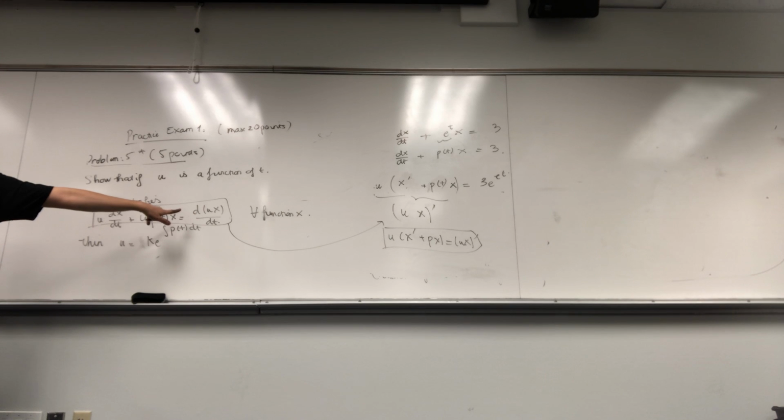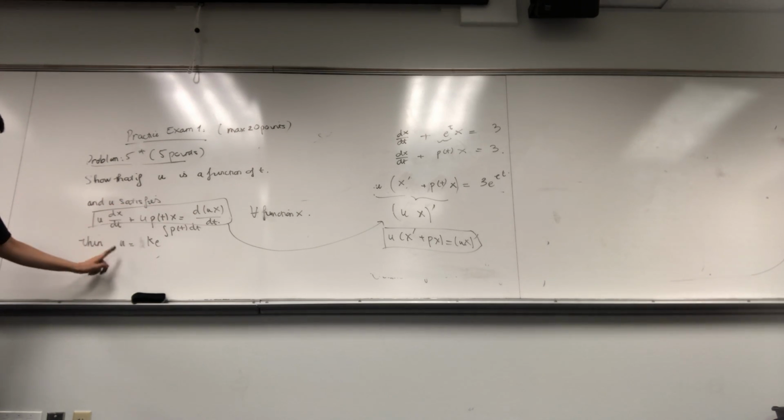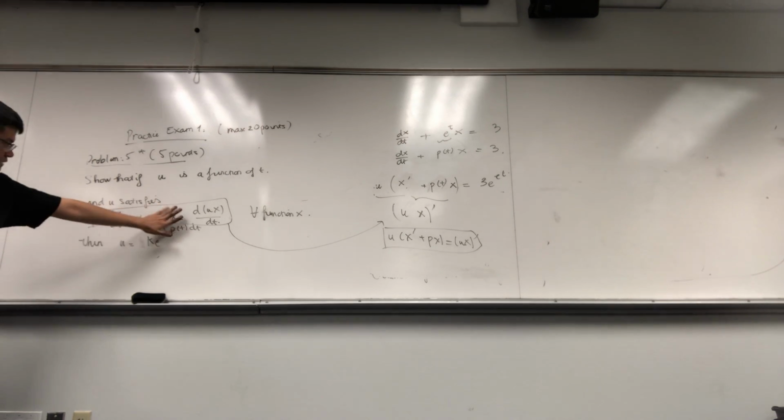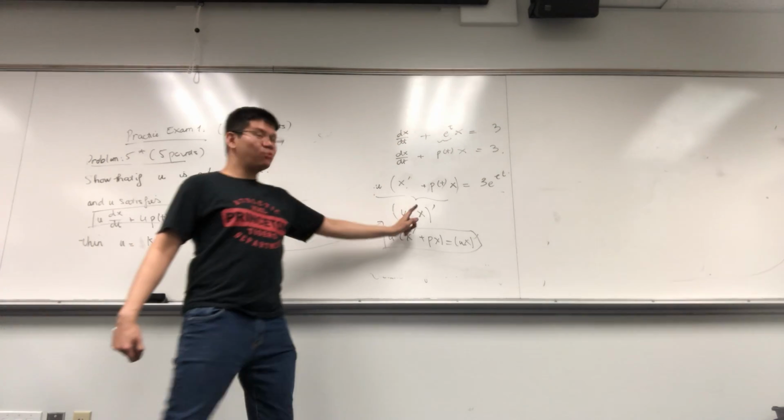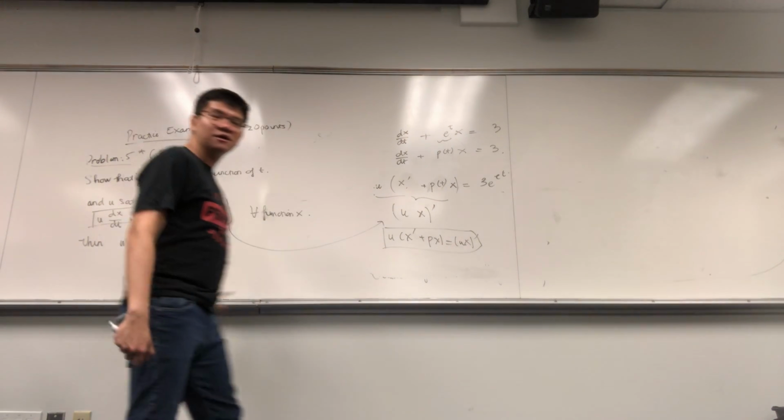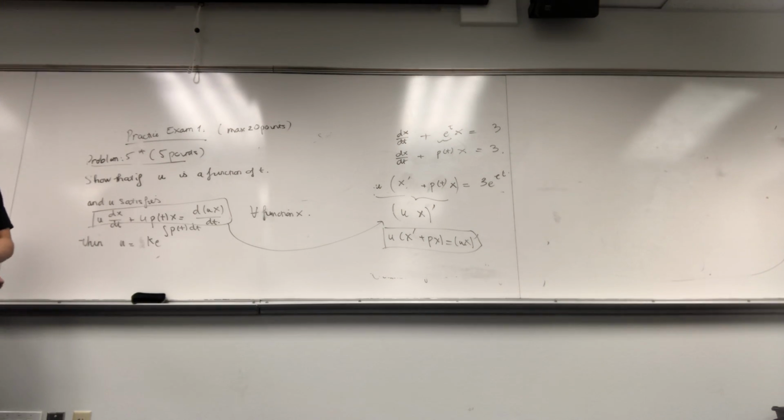If I have that u, then u has to be of this form. Any u that changes the left-hand side into one derivative has to be of this form. Any ideas how to do this?